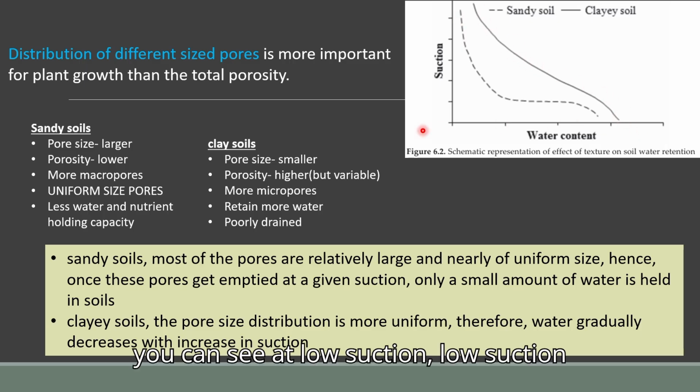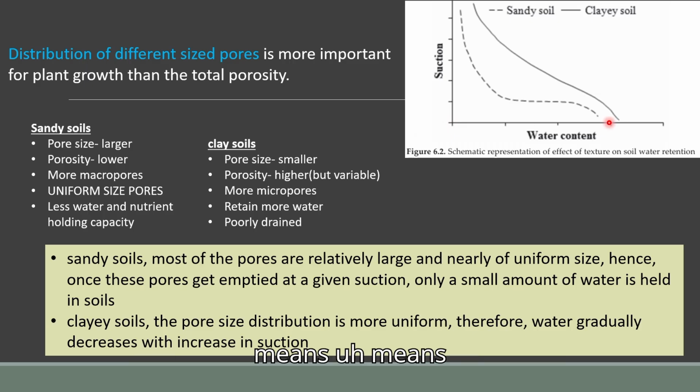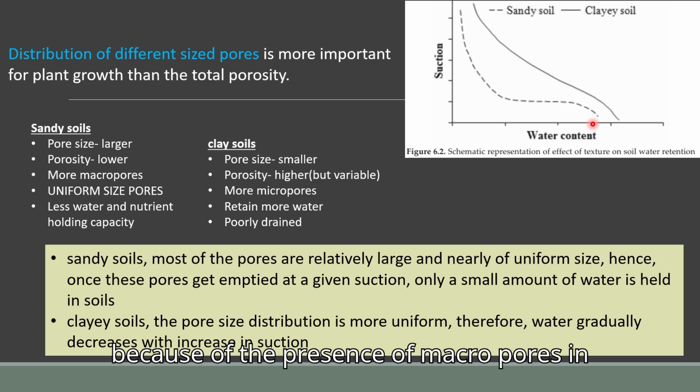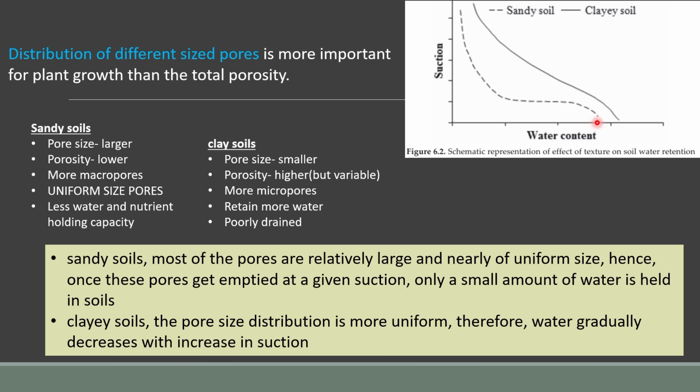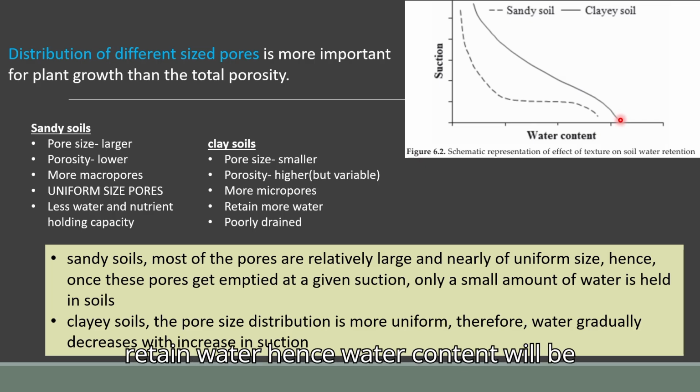You can see at low suction, which means when we are not drying, at saturation level, the water content of sandy soil here is less than the clay soil. This is because of the presence of macropores in sandy soil, which allow the movement of water and will not retain water. Hence, the water content is less for sandy soil. While clay soil, because of the presence of micropores, will retain water. Hence, the water content will be more.